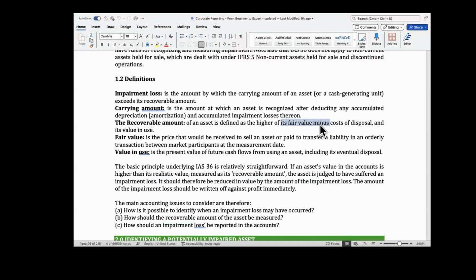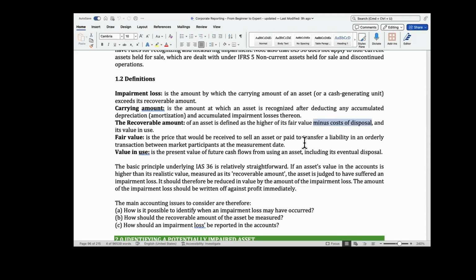We did fair value last week, so you know this already. So recoverable amount is the higher between that fair value, but you need to deduct cost of selling from this fair value. So it becomes net realizable value. And the value in use is the present value of future cash flows from using an asset, including its eventual disposal. So this standard is relatively straightforward.